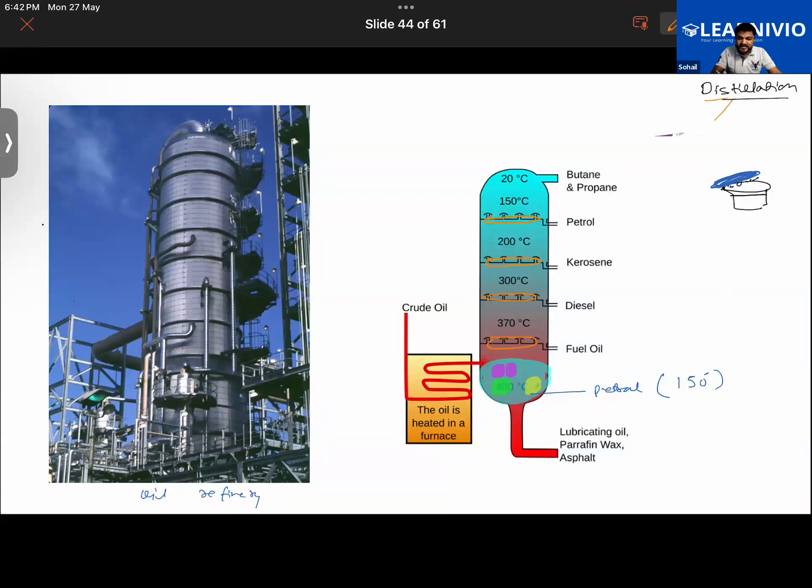Another thing is that distillation, which you guys have learned earlier also, involves two steps. First step is boiling. Second step is what?